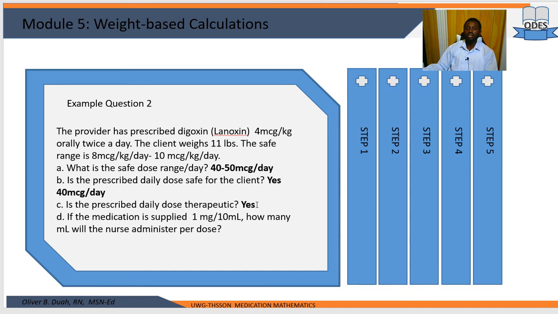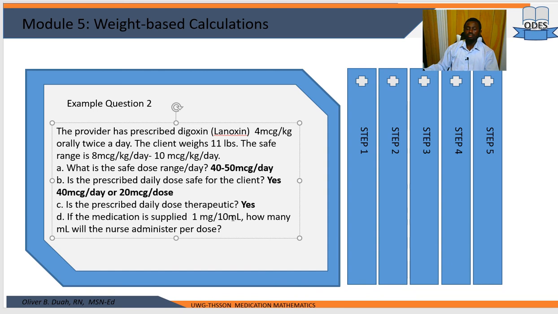The prescribed dose was 40 micrograms per day, or we can say divided by 2, this is also 20 micrograms per dose based off the client's weight. 40 micrograms per day was less than the higher end of the safe dose range, and so that was considered safe.